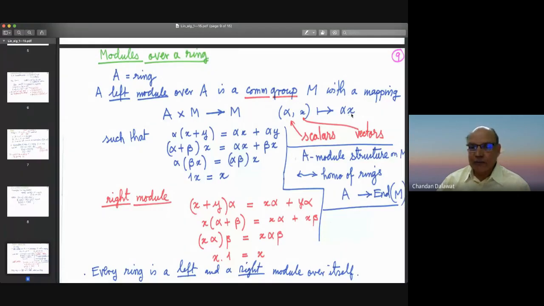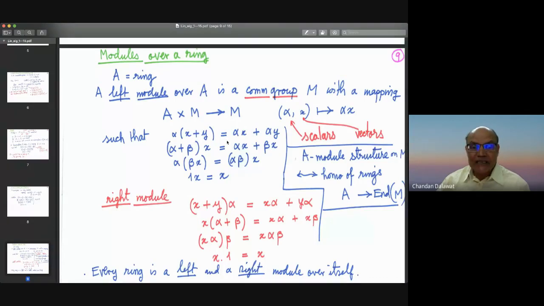That's how it's written. And these alphas, the elements of A, are sometimes called scalars, and the elements of the group M are sometimes called vectors. But they'll be called scalars and vectors once this mapping A cross M to M satisfies these 4 conditions.